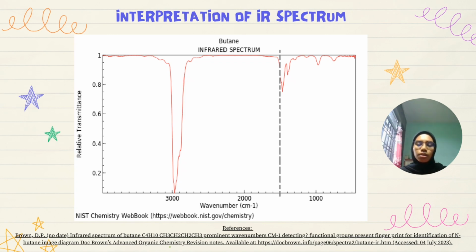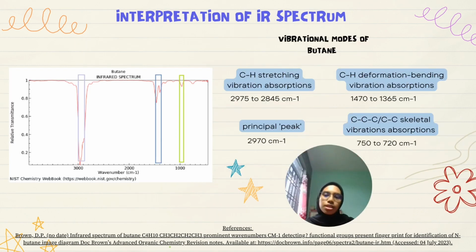The part on the left is known as the functional group region, while the part on the right is known as the fingerprint region. Okay, so let's start with interpreting the functional group region. First, let's make a box that fits the whole sequence here to ease our reading for interpretation.